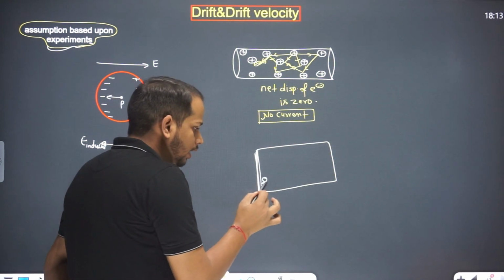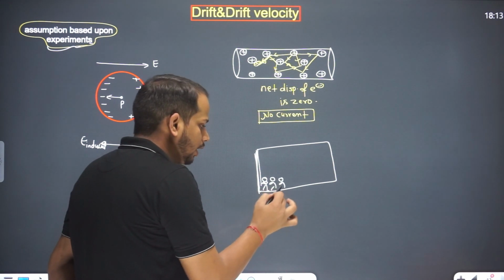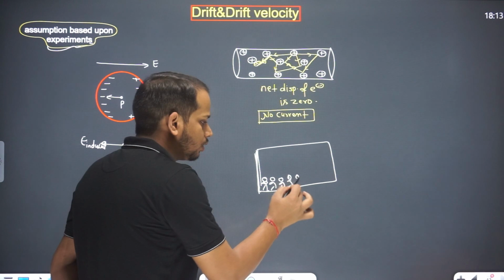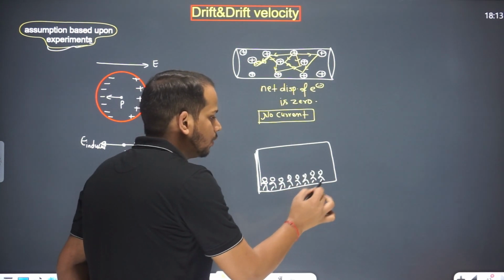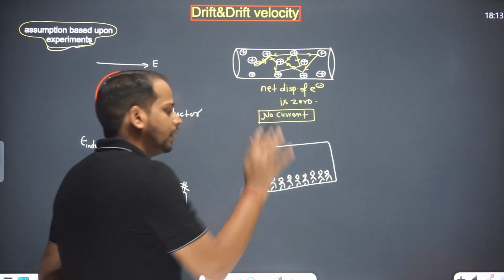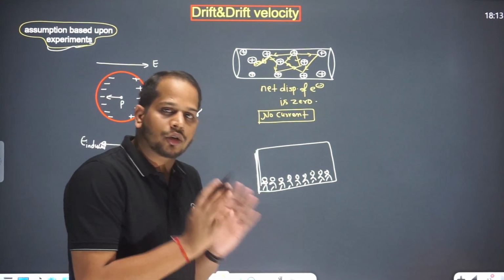And you are standing over here, and I am saying there are identical persons over here. A lot of people are there, and everyone looks the same. That's what we can say the electron is here, right?